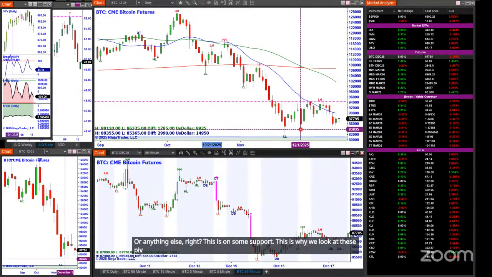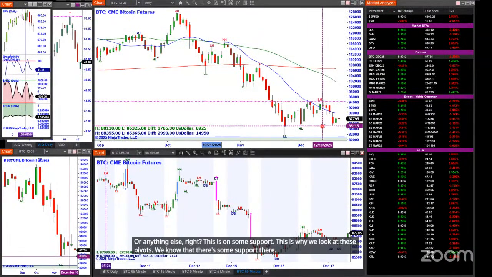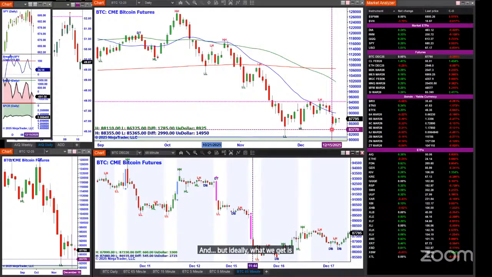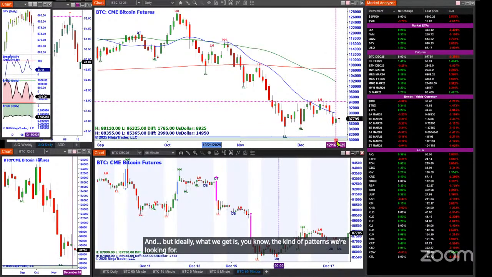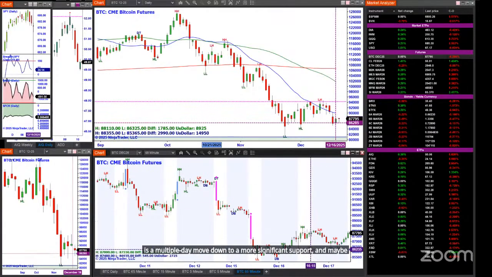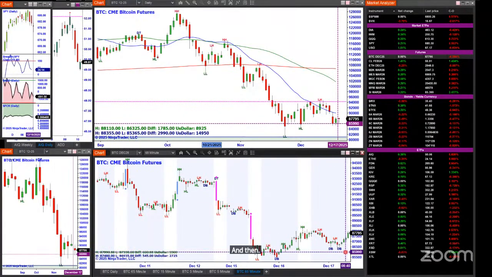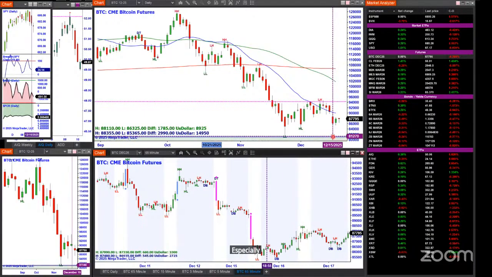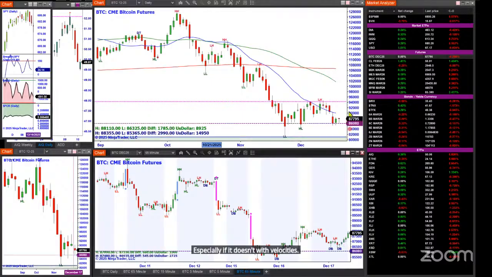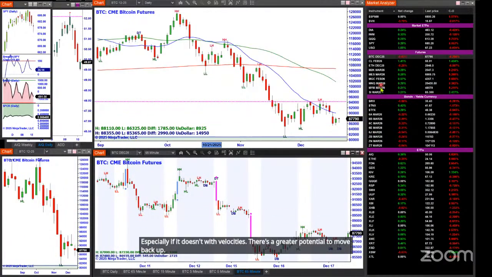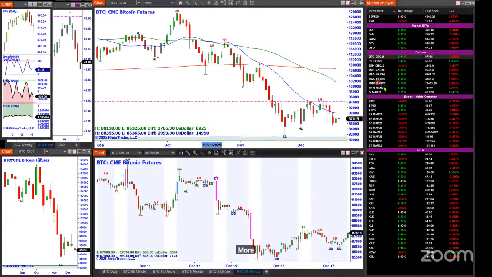We know that there's some support there, but ideally the pattern we're looking for is a multiple day move down to a more significant support and maybe breaking that low. Because the more it comes down, especially if it does it with velocity, there's a greater potential to move back up, a more meaningful move back up again.